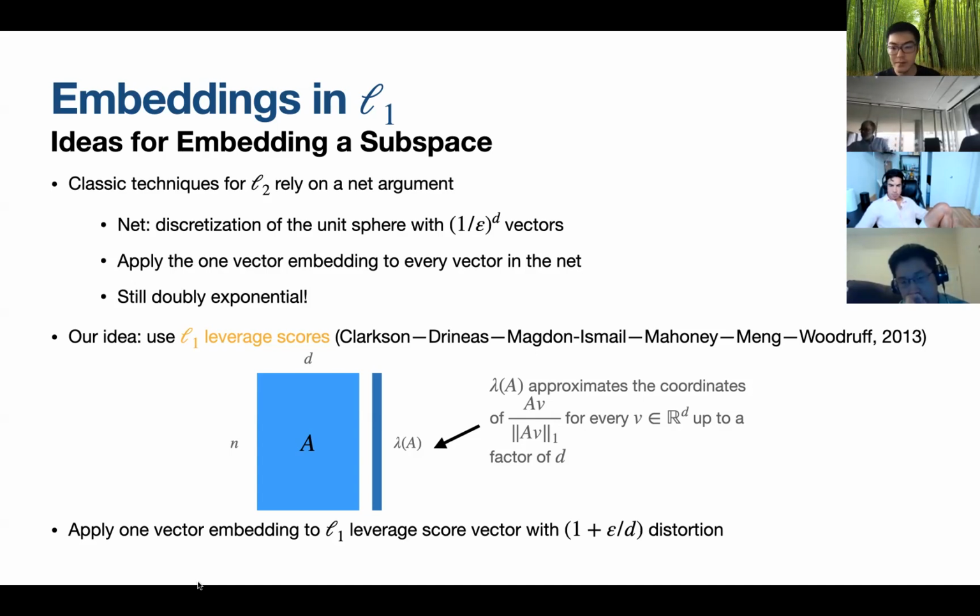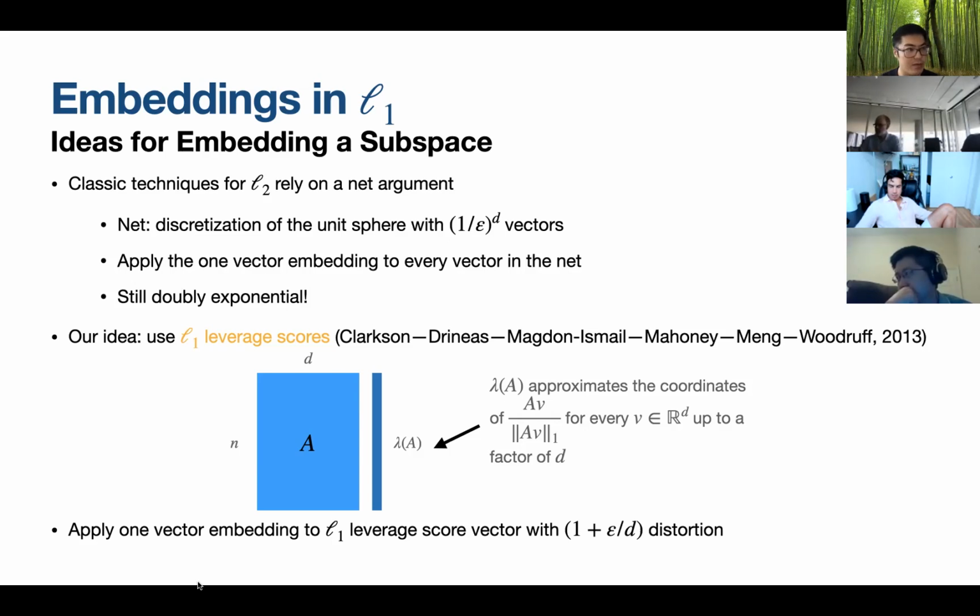I actually don't know how you go from embedding the leverage score vector to embedding the subspace. But the naive thing is that if you were able to embed the leverage score vector with a 2 approximation, then you would get a D approximation to the subspace, just because the leverage score vector approximates everything up to a factor of D. I think that would only hold on one side.